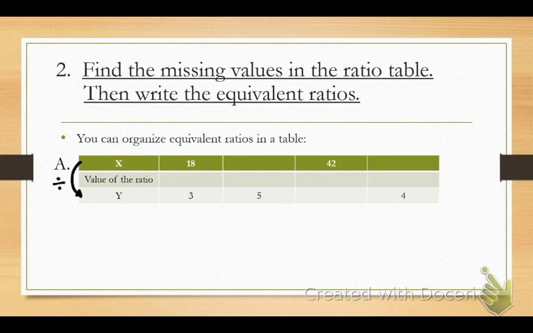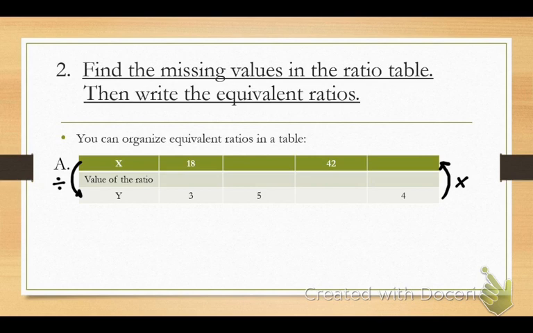Now you can imagine if I were to start on the bottom and go up to the top, what's the opposite of divide? Multiply. So if I'm going from the bottom to the top, I'm going to have to multiply. Okay, so basically this ratio table is a combination of a bunch of different equivalent ratios, ratios that are equal or equivalent to each other.